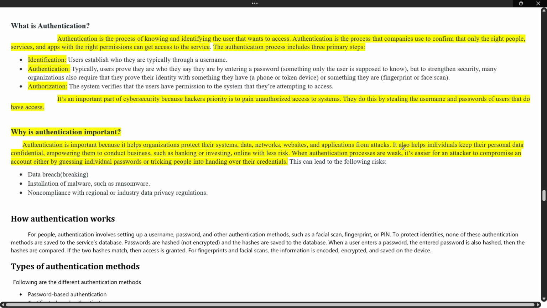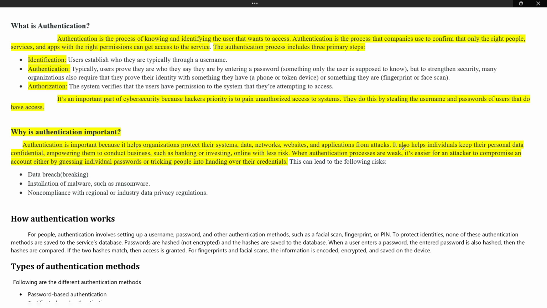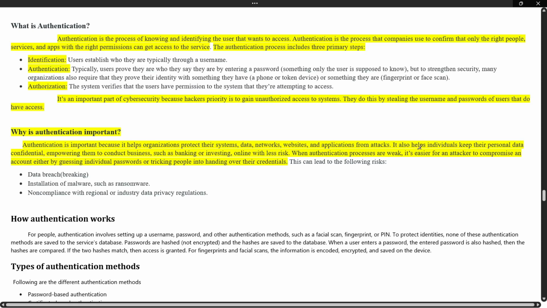Hacks are nothing but attempts to steal our data. It also helps individuals keep their personal data confidential, empowering them to conduct business such as banking or investing online with less risk.